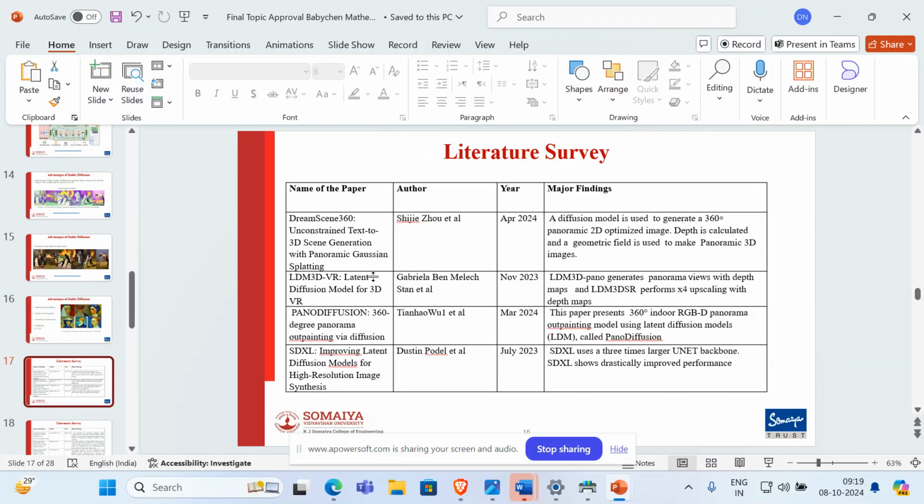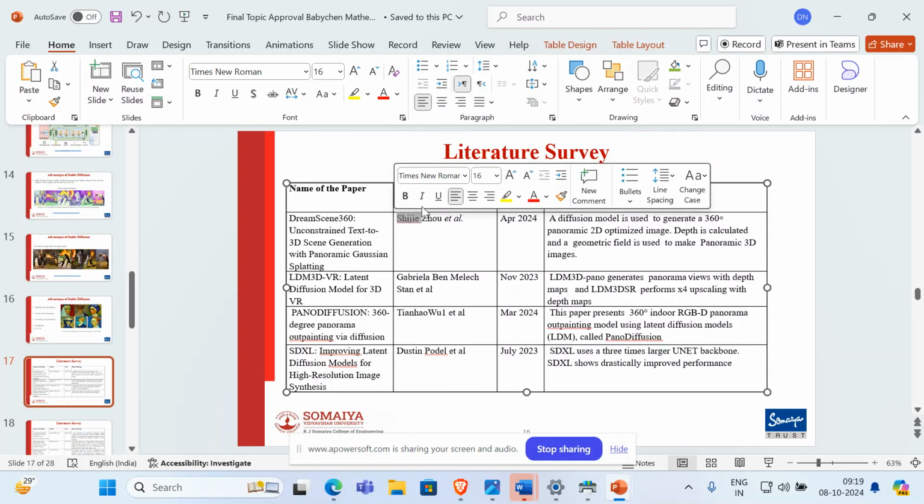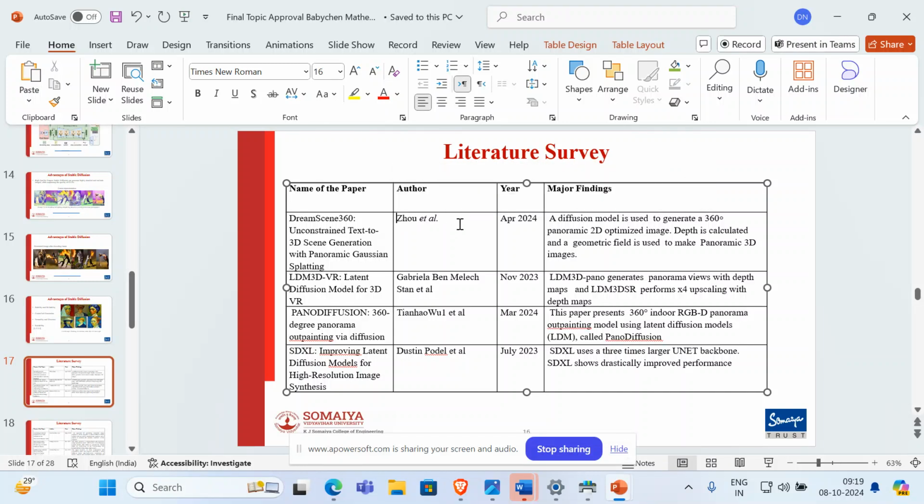In the literature review, name of the paper, author, you can keep one of them. Generally, we keep the author, and "et al." is generally in italics with a dot in front of it. Never put first names. So it becomes "Author et al.", and if it is April 2024, you can put 2024 in brackets.